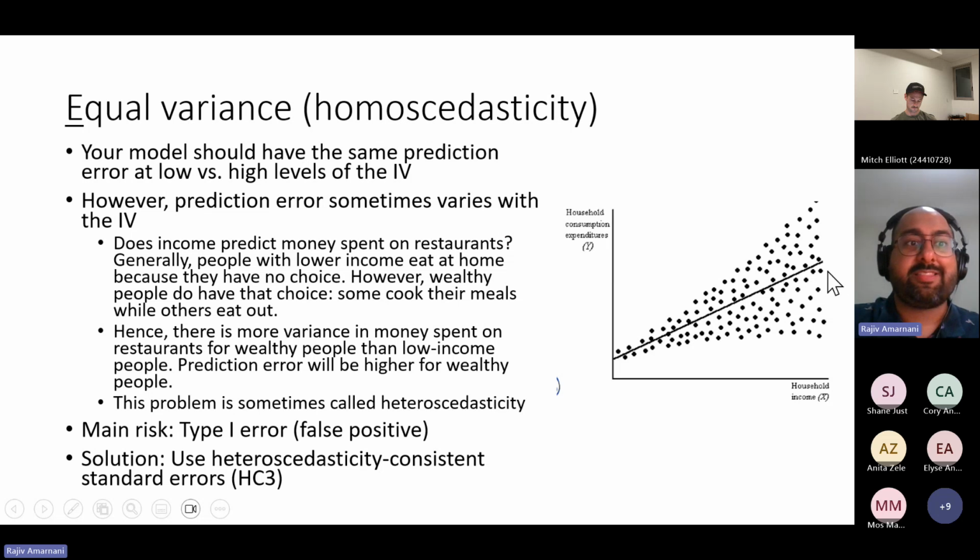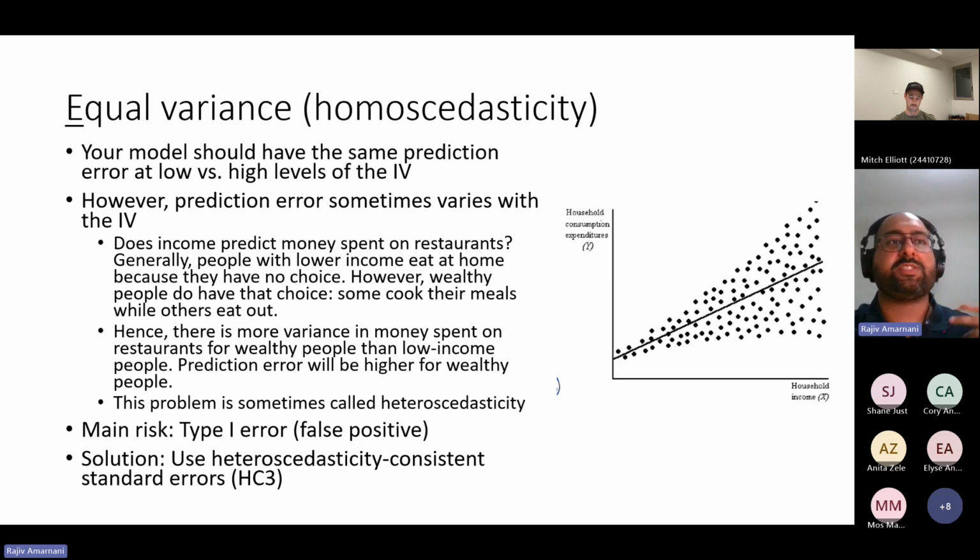If you earn a lot, then you have the freedom to go, oh, I'm still going to spend a little, or, oh, I'm going to spend a lot eating out. So the residual tends to be bigger at the high end, and this can bias results a little bit, but this is kind of a boogeyman that's not really a genuine, very big issue. There are standard errors that solve this problem by default. Excel doesn't have them, but most standard software does have so-called robust standard errors.